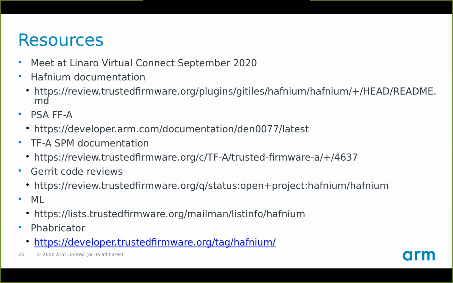Below are the links to the documentation, the FF-A specification, documentation for Hafnium, and a design doc for the SPM, the link to the code reviews interface, the mailing list to which you can register, and the list of ongoing open bugs or feature enhancements through Phabricator. And that's the last slide.